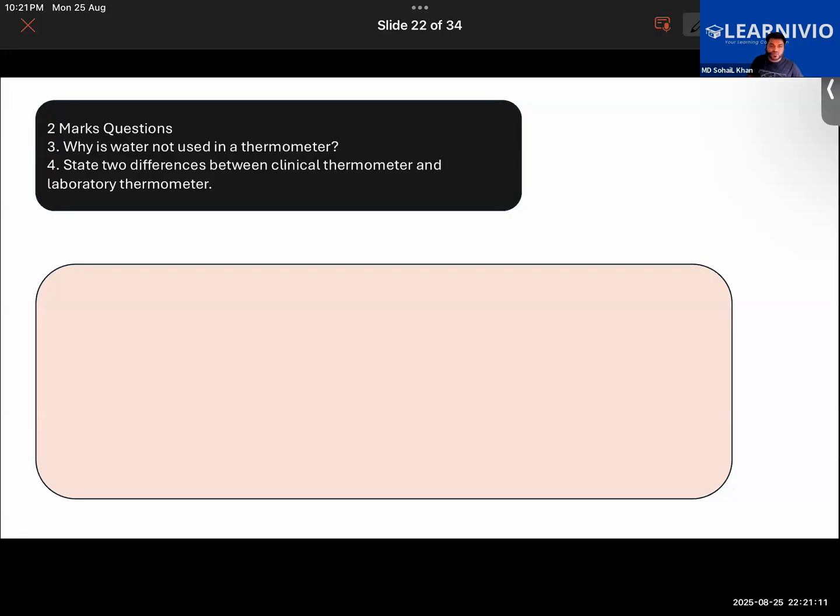Also, there should be an introductory line for this, since it's a 2 mark question. The question is why water is not used in a thermometer. So we will write down: water is not used in thermometers because it is a very unpredictable substance, and it expands on freezing and contracts while heating, because of several reasons which are as follows.